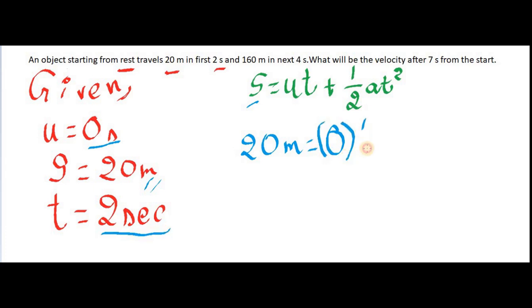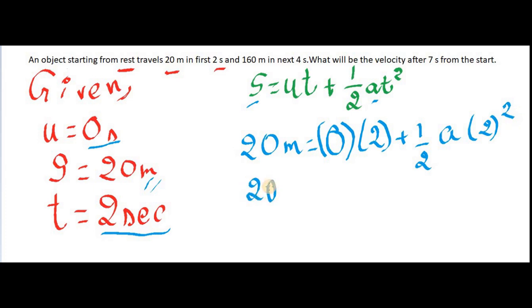So I'm just adding the bracket, 2 seconds, plus half a. Did we find a anywhere in this problem? We didn't. So just leave it as it is, a. And then t square. What is t here? We have found that t is 2 seconds. So 2 square. Now we'll solve it further.